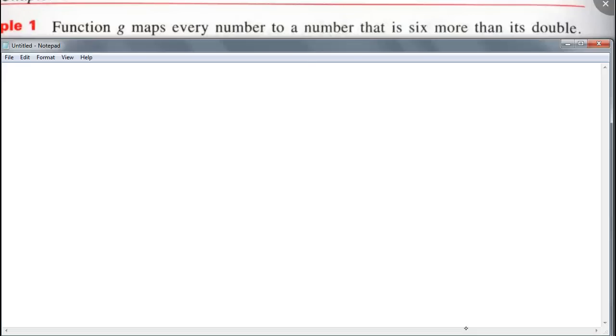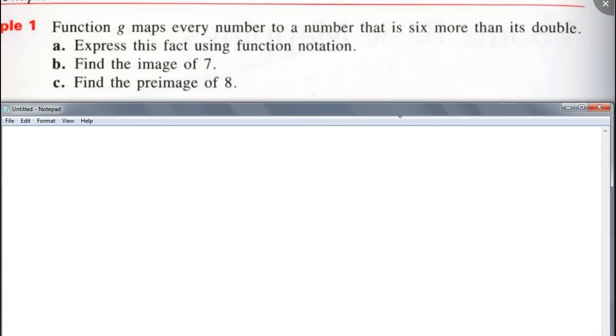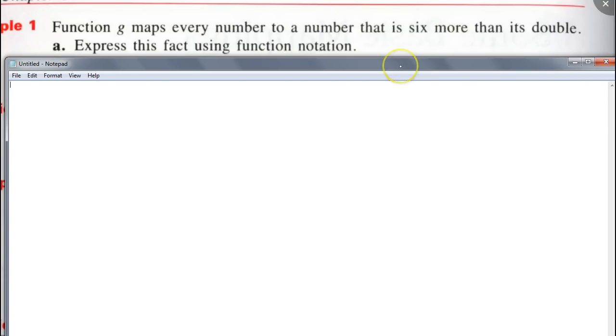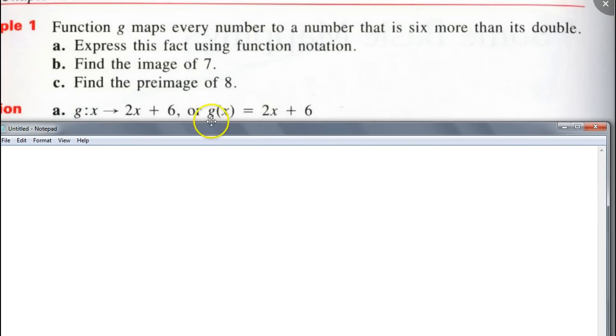So function g maps every number to a number that is 6 more than its double. How would you represent this using function notation? That's what it says here. Express this fact using function notation. How about Nicholas? g(x) = 2x + 6. Correct. If they say function notation, actually the one on the right is function notation.